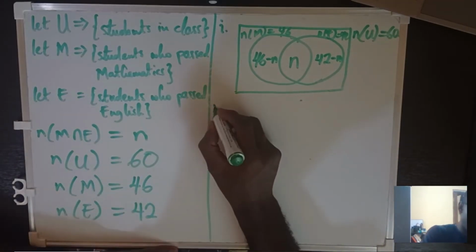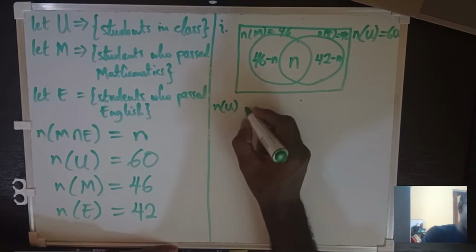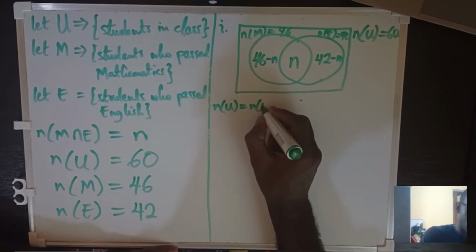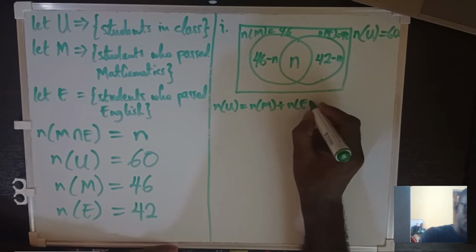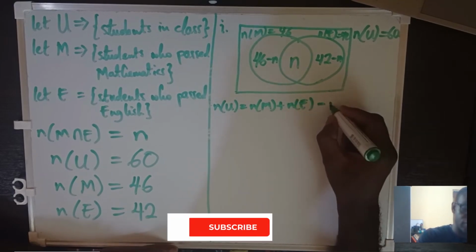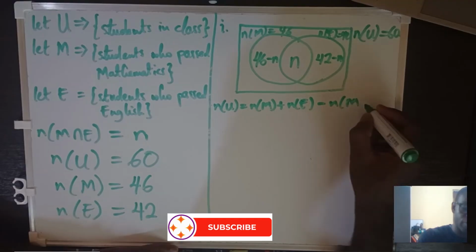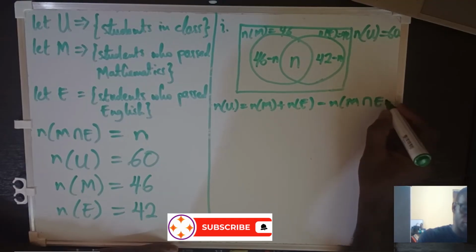So we have n of U equals n of M plus n of E minus n of M intersection E.